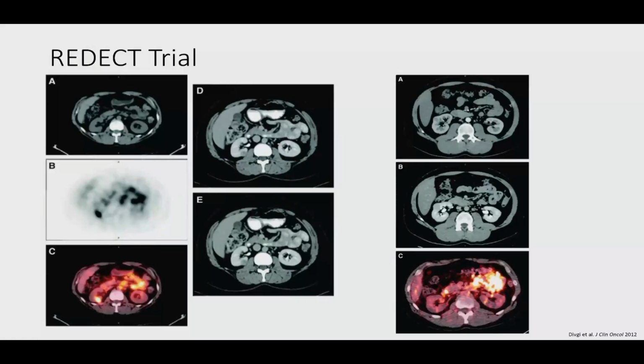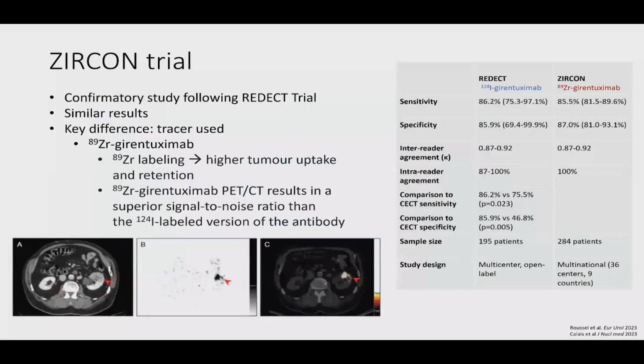On the right-hand side, you see also a mass in the right kidney measuring 1.8 centimeters, which is enhancing by CT criteria, but on a fused PET-CT image, there was no tracer uptake, and the final pathology for this lesion was oncocytoma.